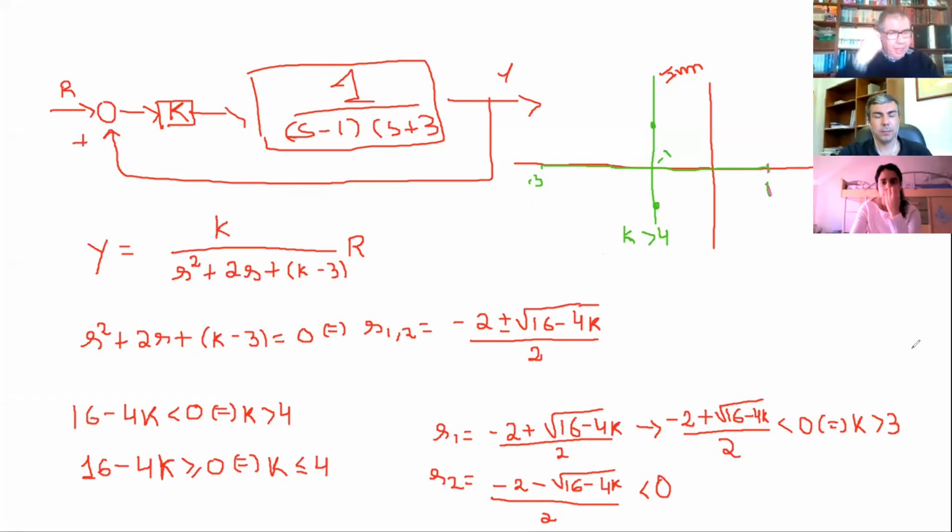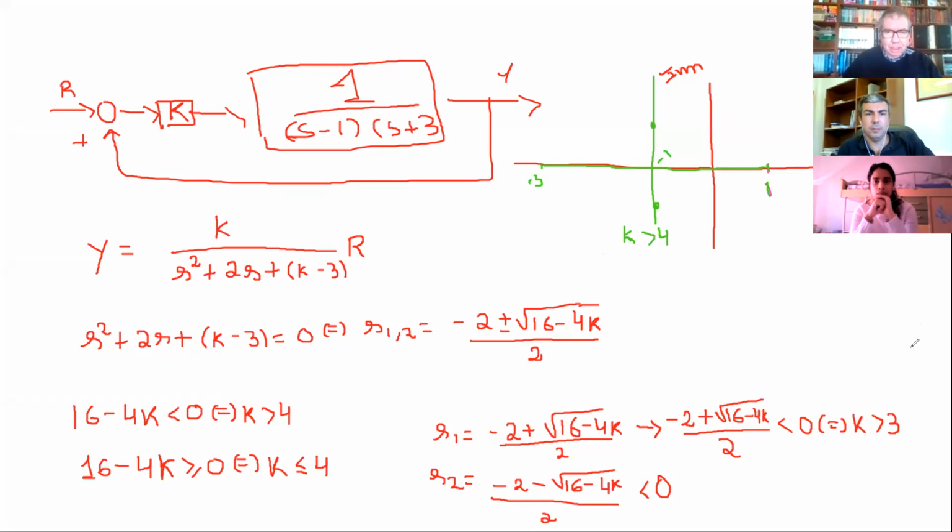Okay. Actually, one can do this plot. You have done it because you solved the equation, but it is possible to do it without solving the equation, applying simple graphical rules. That's the so-called root locus method.